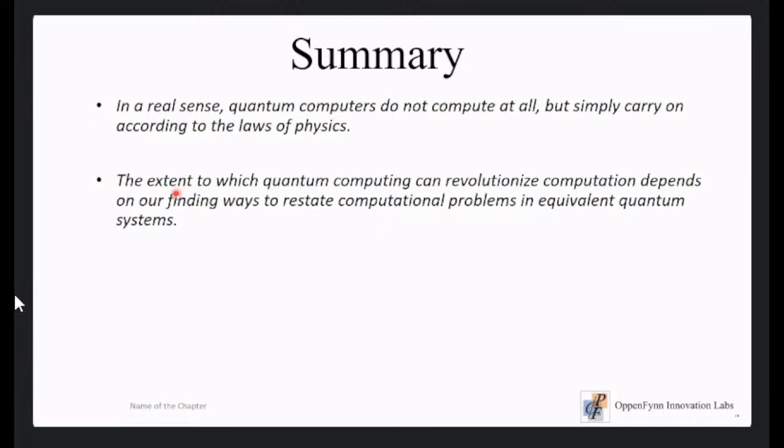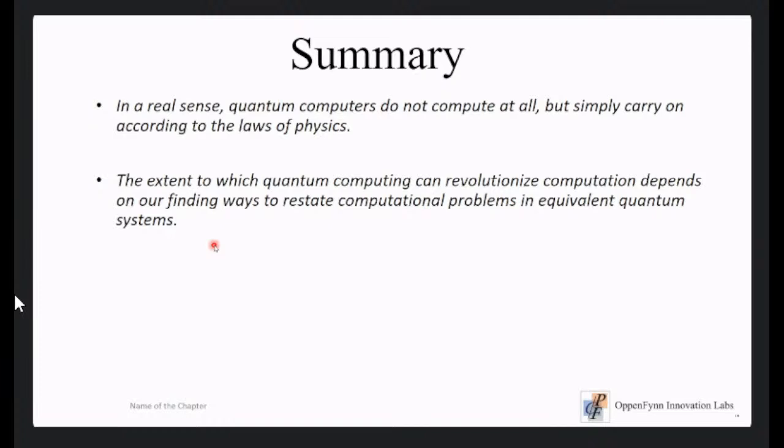The extent to which quantum computing can revolutionize computation depends on our finding ways to restate computational problems in equivalent quantum systems. In the first example, the problem was finding where the ball lands on the Galton board. Instead of computing it by pen and paper, we were able to build a photon system that does it much faster for us.